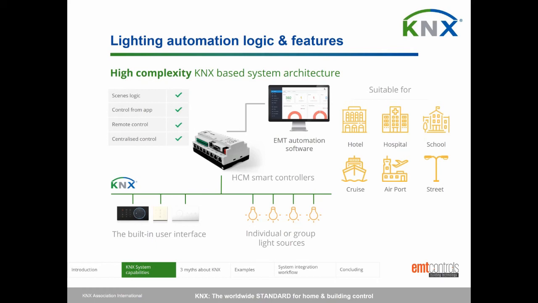By adding software for centralized control to the system architecture, we are getting a highly integrated automation topology. It can be implemented for big complex buildings such as hotels, hospitals, cruise ships, airports, even for controllable street lighting. The software management system is a tool for full control of the complex automation.